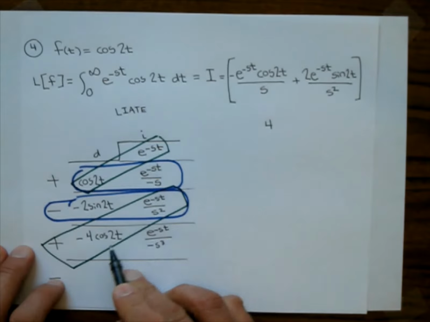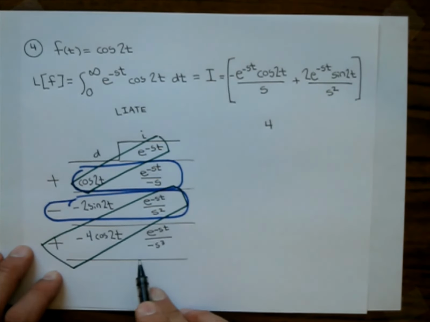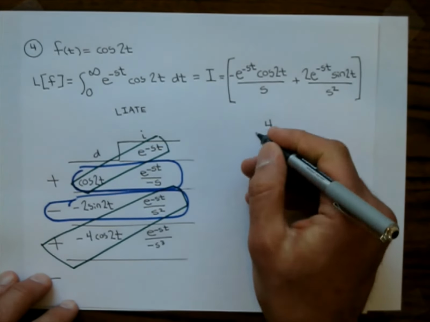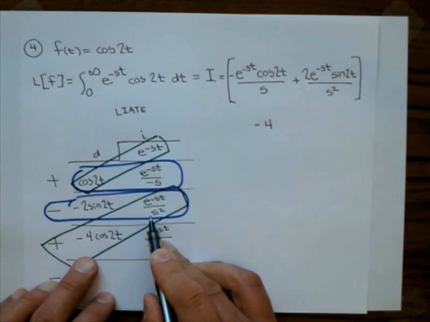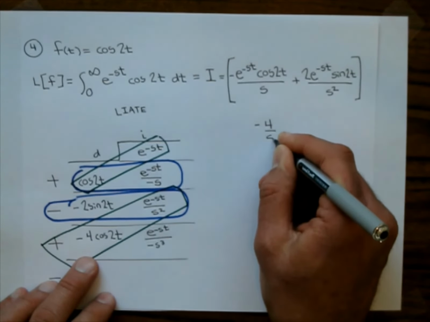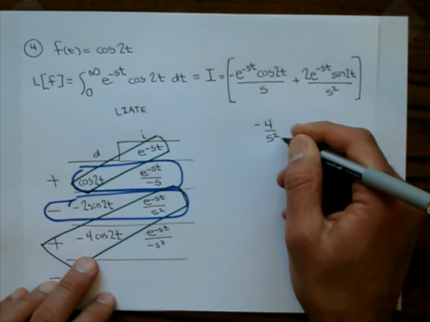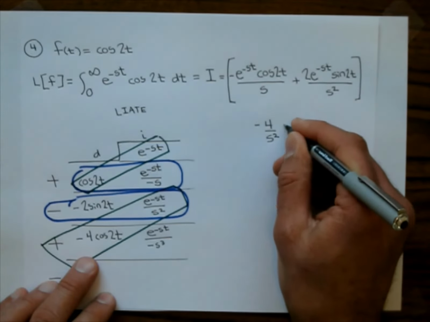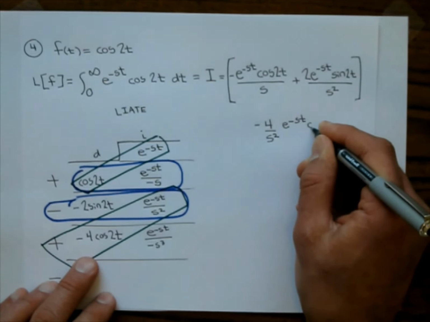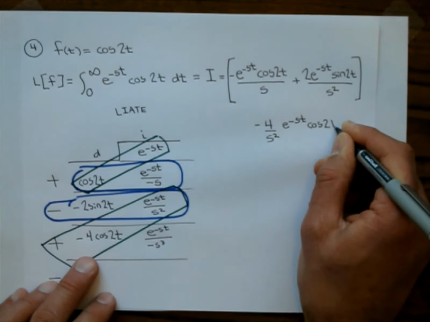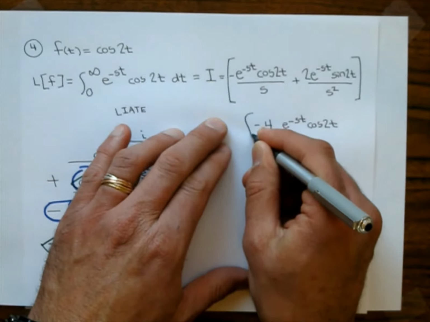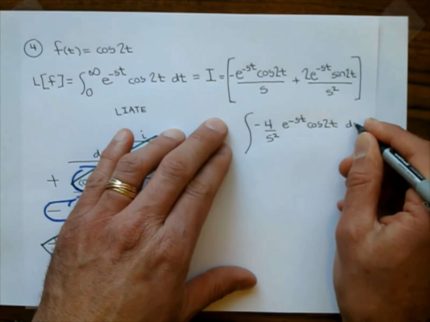Oh wait, I'm multiplying these guys together, so I'm sorry. I forgot that I was turning the machine off. There's only one negative, so it's going to be negative 4, all over s squared, and then I have e to the negative st cosine 2t, and I can't write it like that. Turning off the machine, I have to write it as the integral.